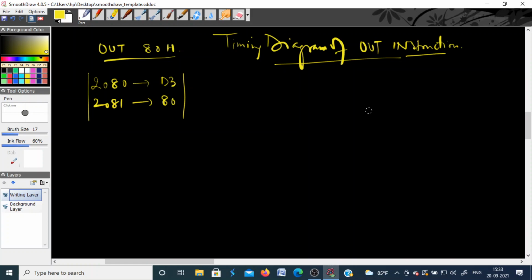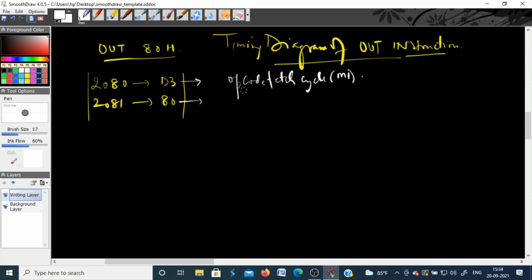Now the processor will execute this. First your opcode will be fetched. The first cycle is of course the opcode fetch cycle, because that is the first part of any instruction. This will be machine cycle M1.